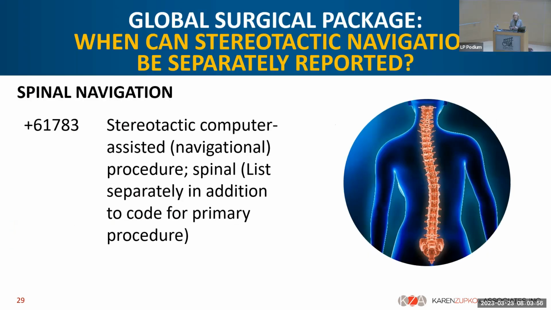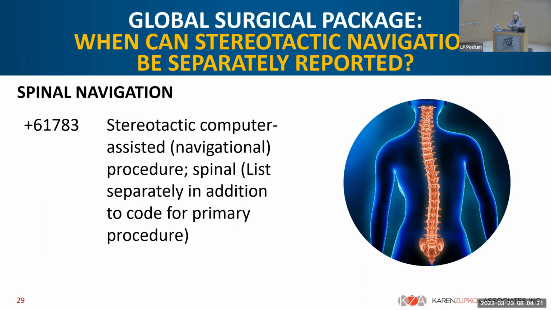Spinal navigation is a code that can be billed separately if you're using spinal navigation to place pedicle screws. However, this does not qualify if you're using an O-arm or an iso-C-arm, or the newest one I've seen now, a COAS that does a 3D spin around the spine. It gets you a 3D rendering, but it doesn't get you a stereotactic view.